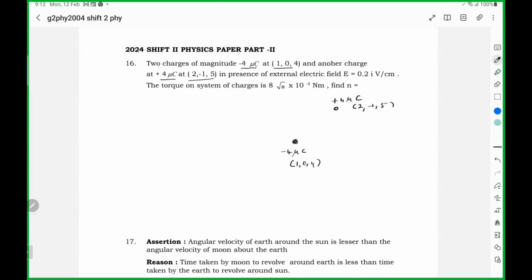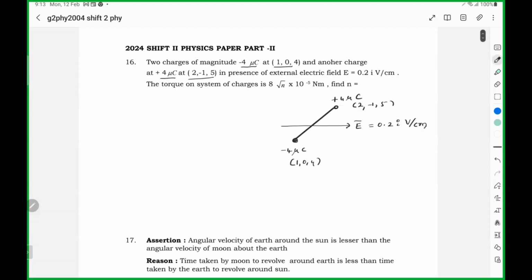So here there is an electric field, 0.2 i volt per centimeter.